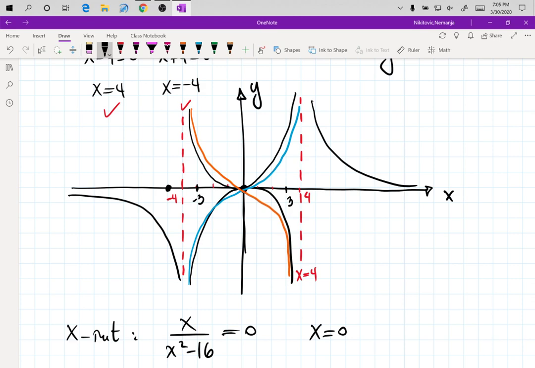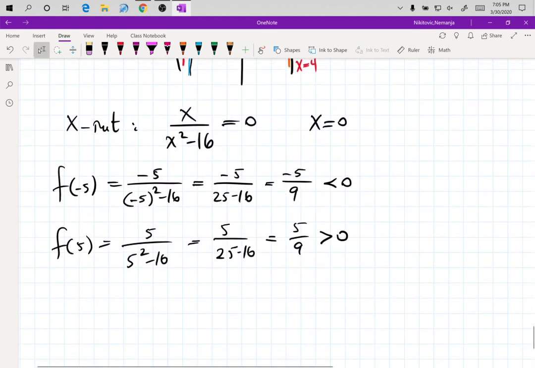And they will also give you positive or negative numbers. If you get a positive number, then you keep the positive side, you keep these 2 lines, right? And so on. So now, what I'm going to do is calculate f of negative 3 and f of 3. So f of negative 3 and f of 3.